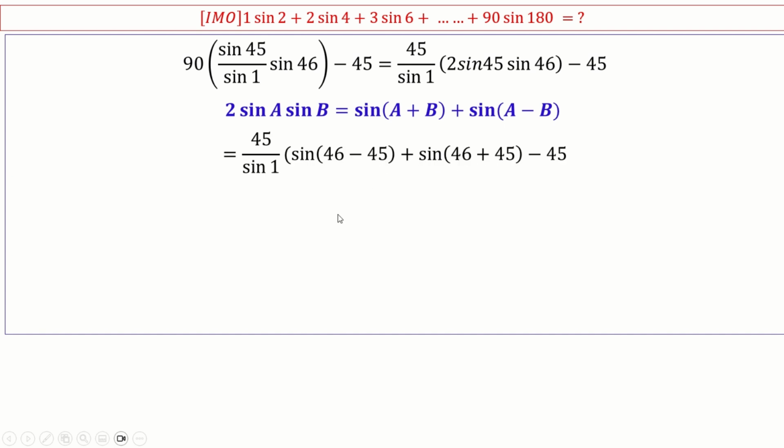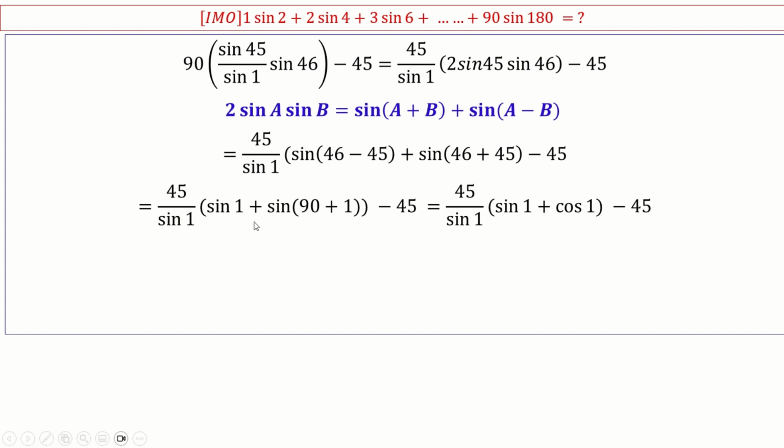Sin 91 plus sin 1, correct? If I write sin 91 as cos 1, because sin 90 plus 1 is cos 1, and I divide this by sin 1, sin 1 gets cancelled.